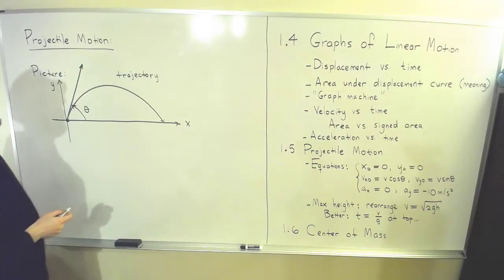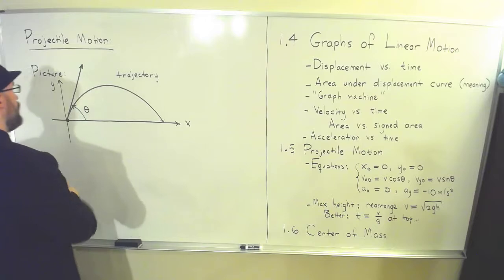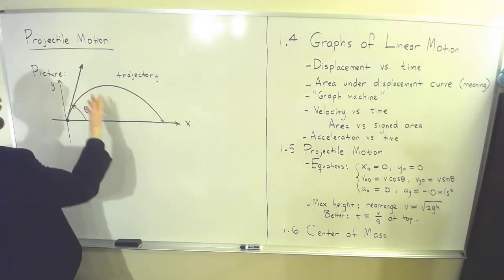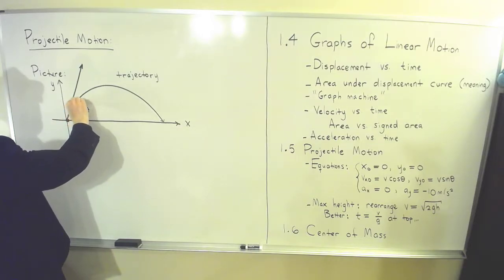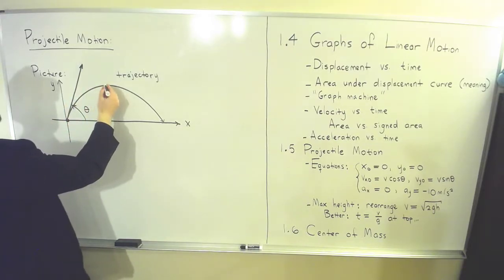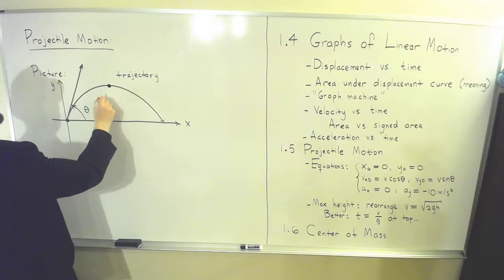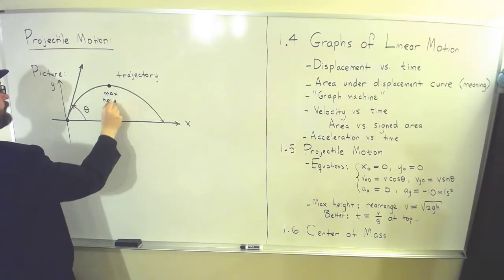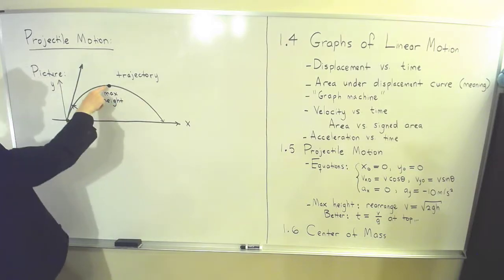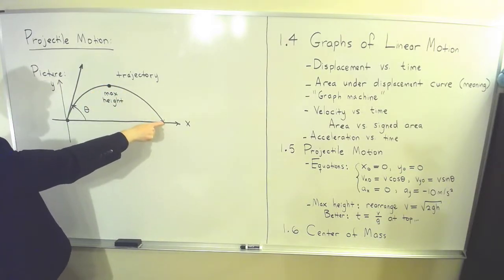So the cannonball, whatever it is, starts out at this angle, but then gravity is pulling it downward, and so eventually it will hit a maximum height. This would be the max height here. And then it will start to fall, and it will land here.